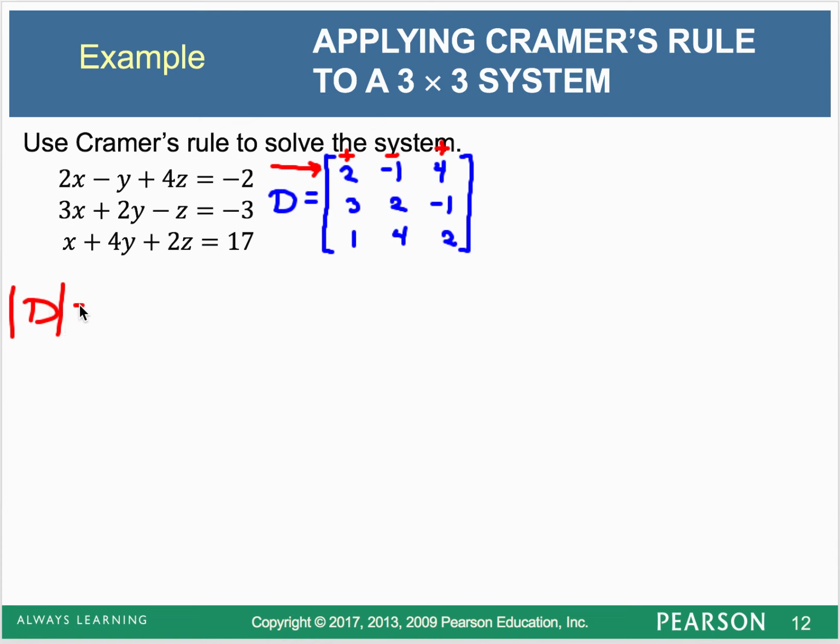And then I'm going to mark out the row and the column that the 2 is a member of. So then we'll have 4 minus negative 4, 4 plus 4. Then we'll have a negative, negative 1, so plus 1. Marking out that row and column, we'll have 6 minus negative 1, so 6 plus 1.